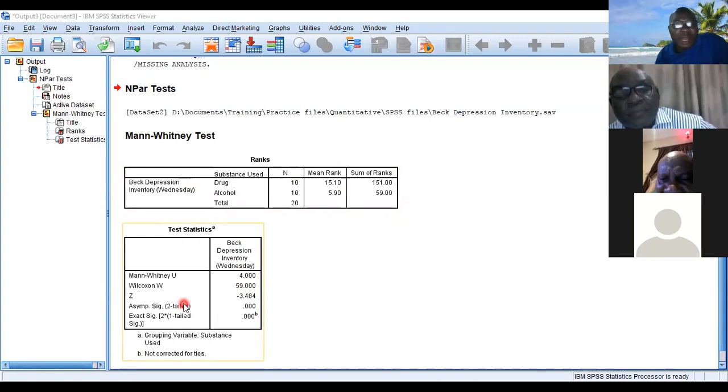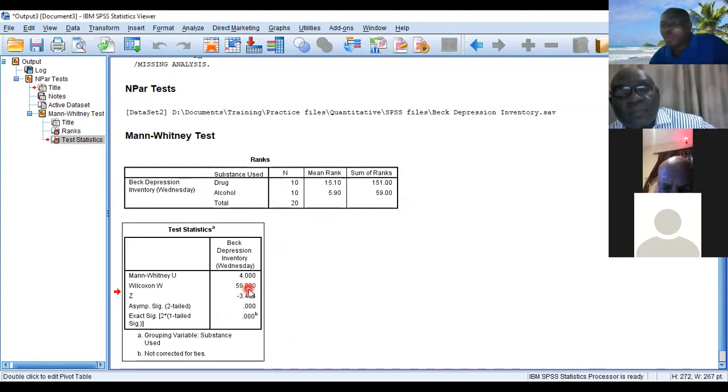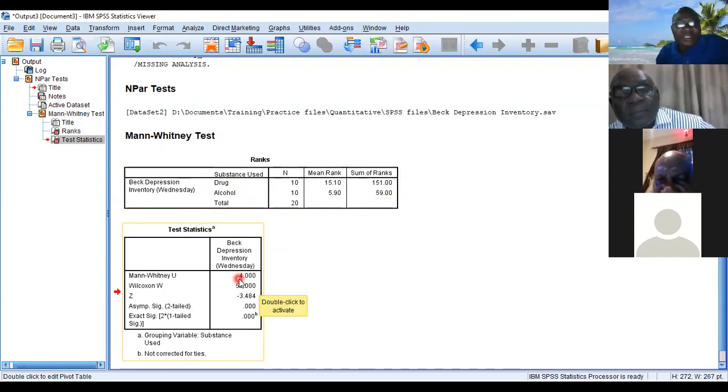You see the Wilcoxon W is 59. When you look at the sum of the ranks, the rank sum for drug is 151 and for alcohol is 59. The smaller of them is the statistic. That's why Wilcoxon W is 59 here. Then the Mann-Whitney U is 4, and it's significant.